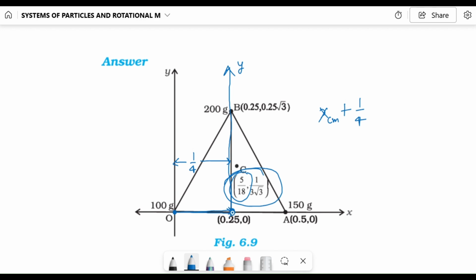So if we are trying to match our answer with this given answer, we have to add 1 by 4 in our x coordinate where we have obtained the answer. So what was our x and y coordinate will remain the same because we have not displaced or shifted this reference vertically. So y is going to be the same, but x will differ, and this answer will have 1 by 4 more compared to our case.